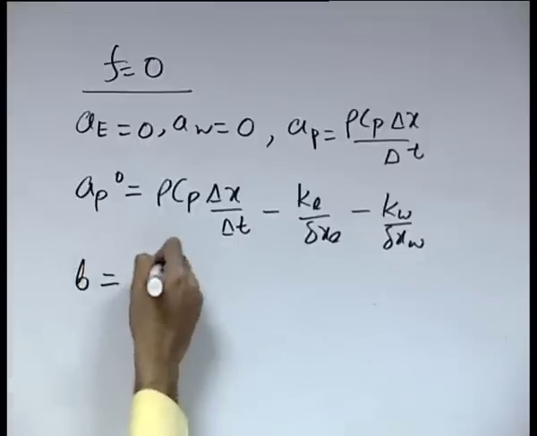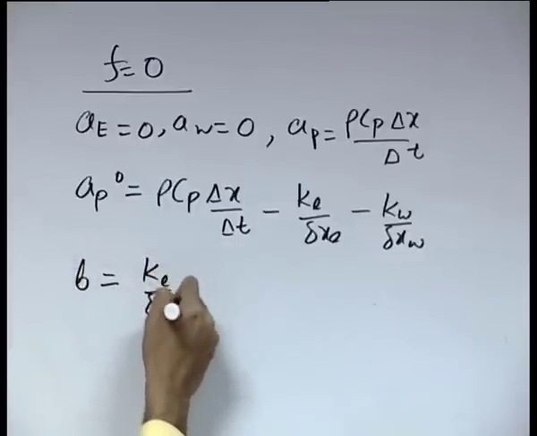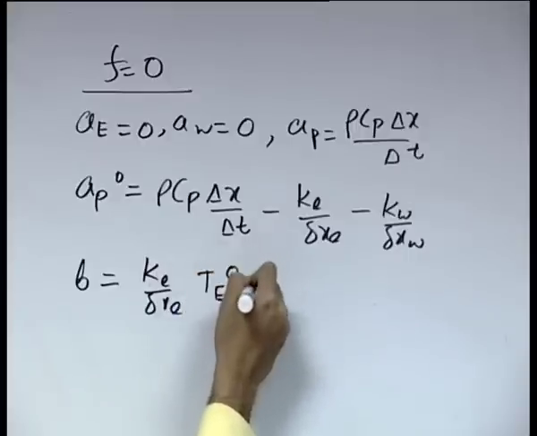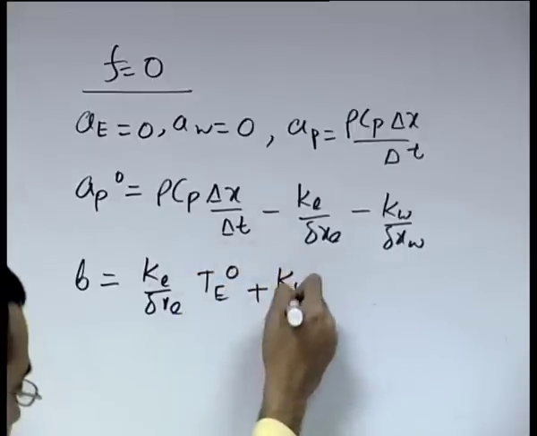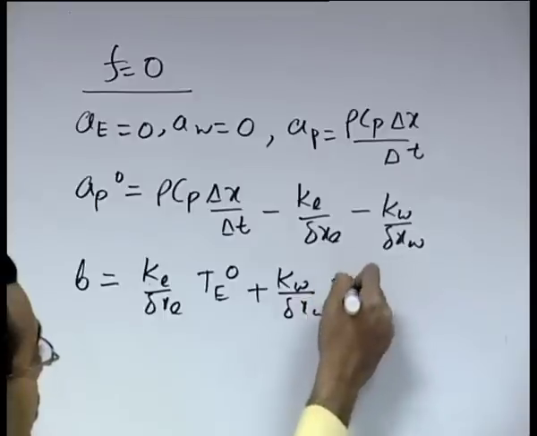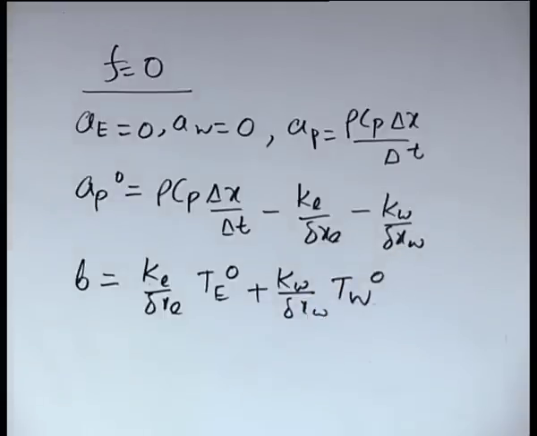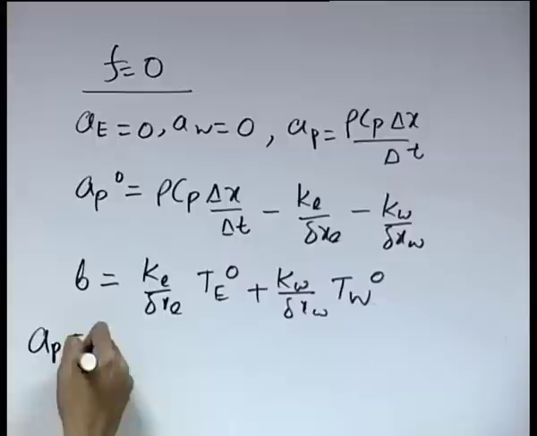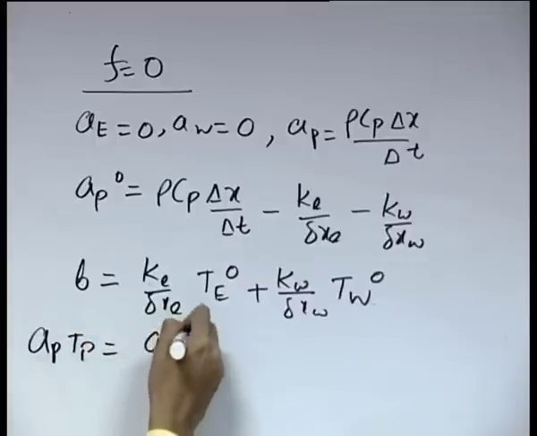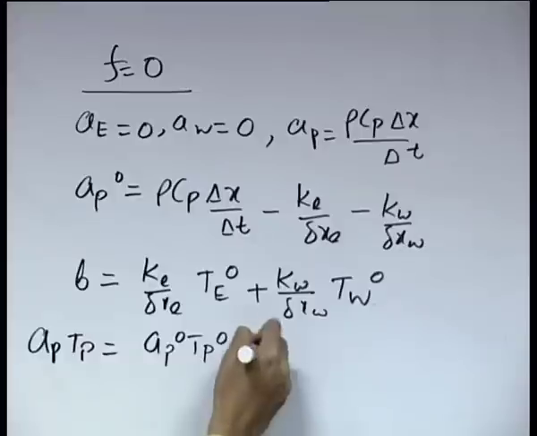B is equal to Ke by delta xe Te0 plus Kw by delta xw Tw0. So, you can write for that case AP TP is equal to AP0 TP0 plus B.